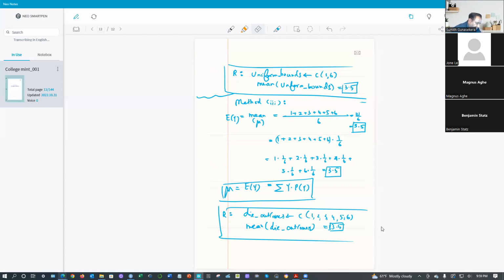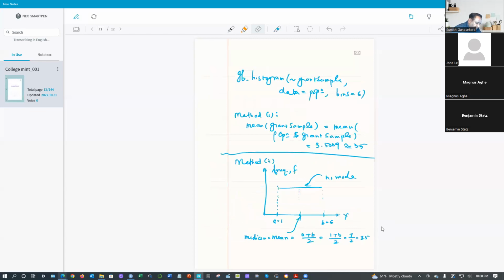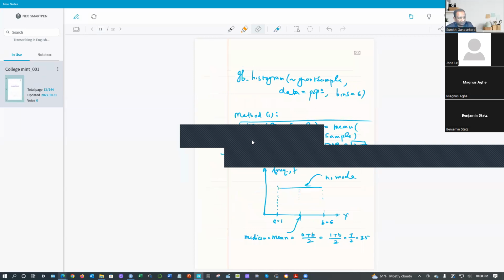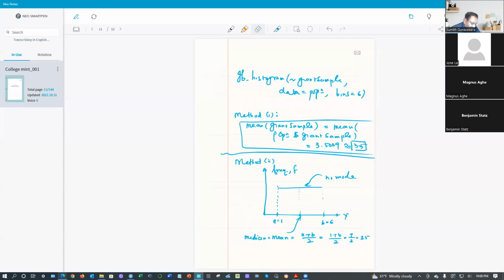That's the most important thing. 3.5, with the aid of the uniform distribution property, you utilize it and get that one.